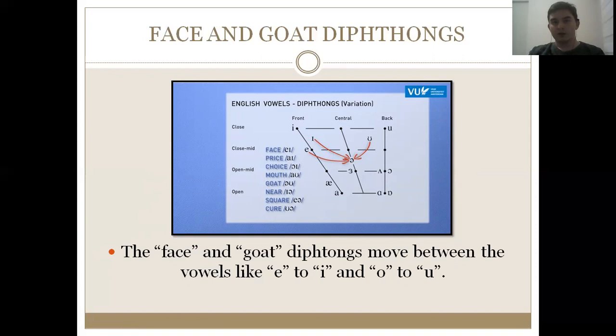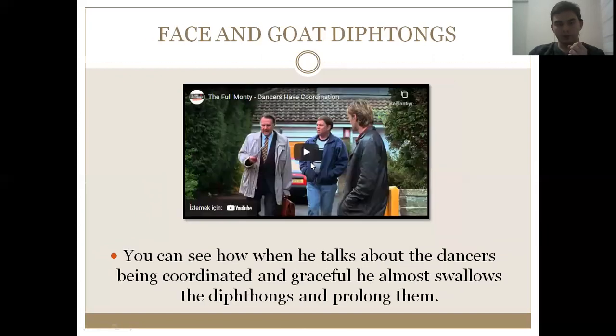To remember what diphthongs are, they are glides between vowels. In the case of face, you go between A and E, like face. For goat, you go from O to U, like goat. These are the differences.